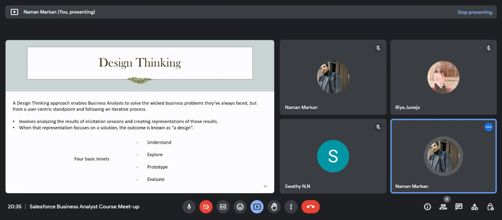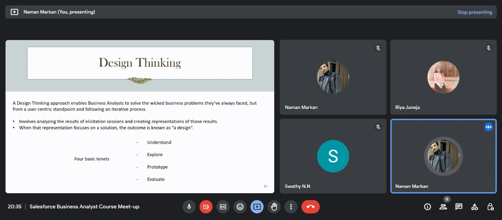So just think in that particular design thinking approach, and based on the user-centric outcomes, you should make sure that design thinking can fulfill your idea, or your product. So you can say design thinking can function as a roadmap for BAs, right?